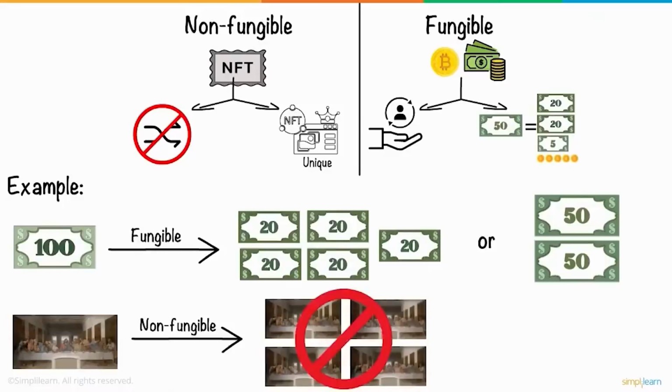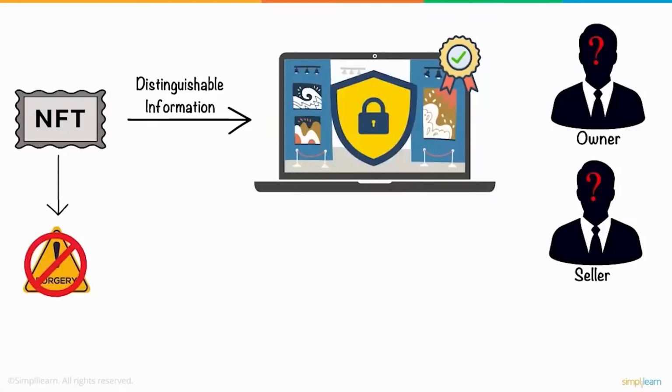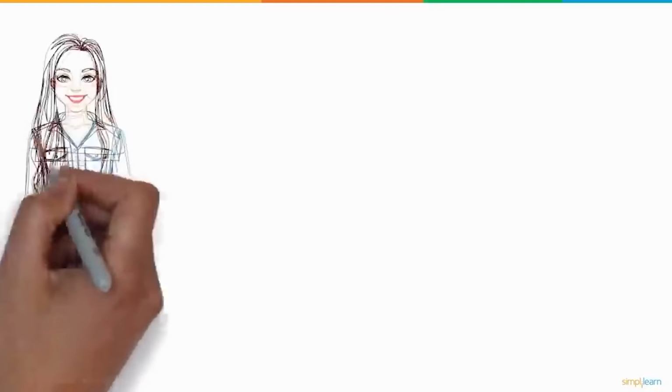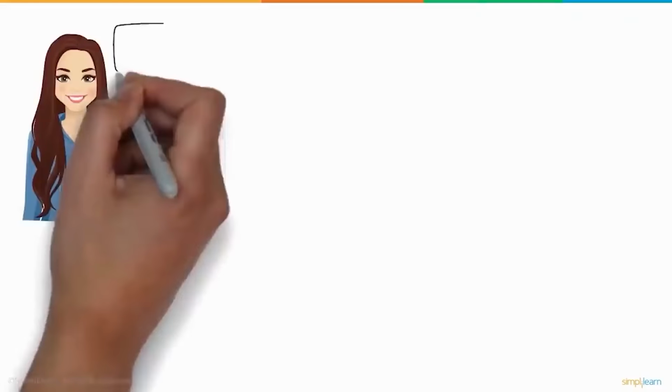Each NFT contains distinguishable information like who owns the digital asset and who sold it, making them distinct and easily verifiable. As it is impossible to forge such a certificate, it will secure her painting's originality. After learning what NFT is, Susan was curious to know how exactly NFT works. NFT basically creates a blockchain-based digital certificate for your digital collectibles, including games, music, art, and many more.